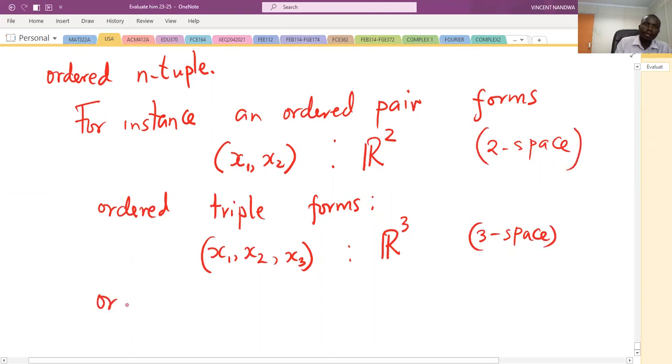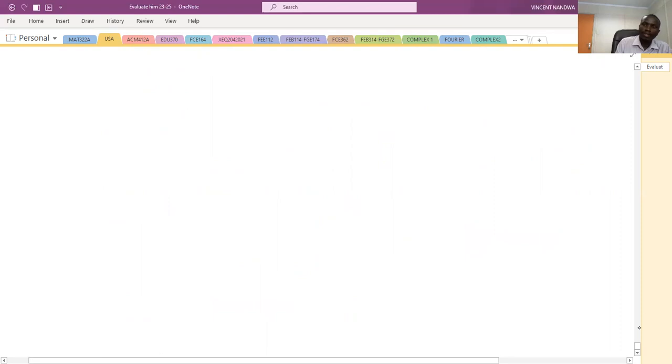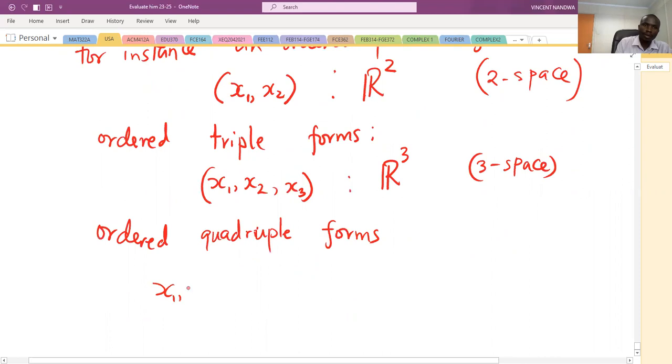And then an ordered quadruple forms vectors of this form, x1, x2, x3 up to x4. This is called R4. So this is sometimes called 4 space.